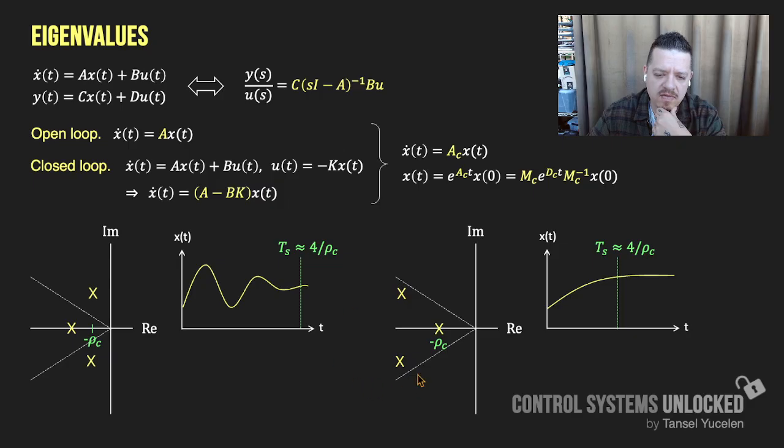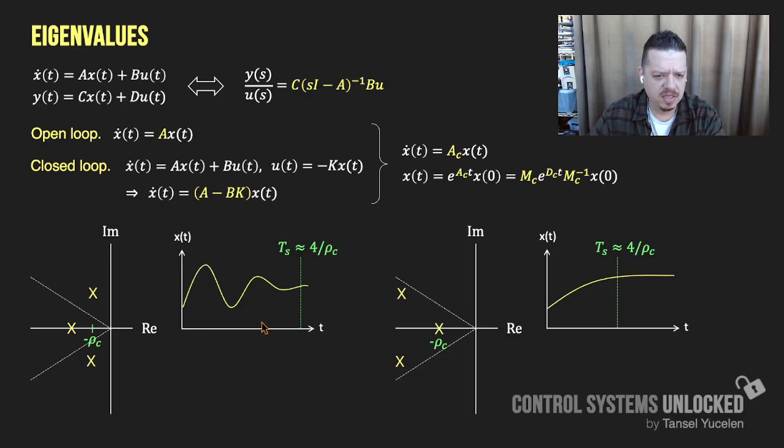So if you choose eigenvalues like this, or if you have a system that has those eigenvalues, here the dominant eigenvalue is real. So the system response will be smooth, and in this case, still the real part of the dominant eigenvalue, in this case real already, will define the settling time. Whatever that value is, again, if it is minus 2, then 4 divided by 2 is 2 seconds. The system will converge in 2 seconds.